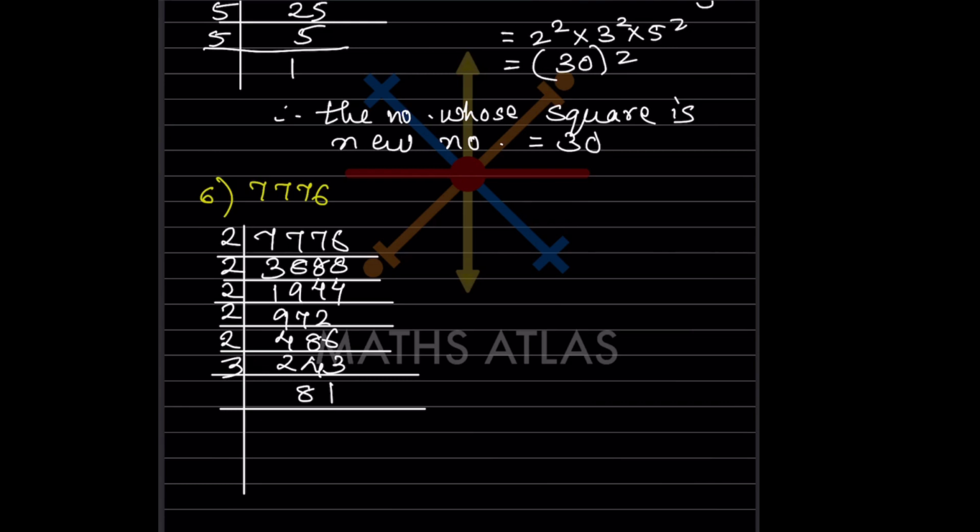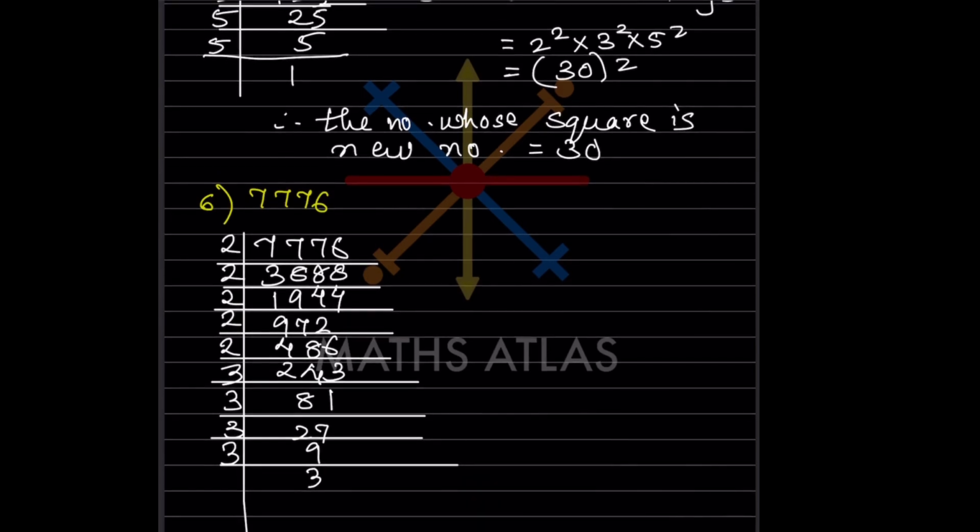So again this will go with 3. 3 3s are 9, 3 3s are, and here it should be 3 1s are. So now how many 2s are here? 1 2 3 4 5. 5 3s.